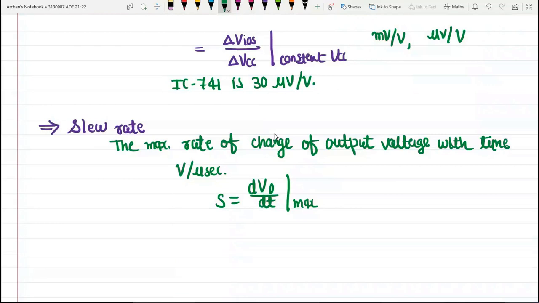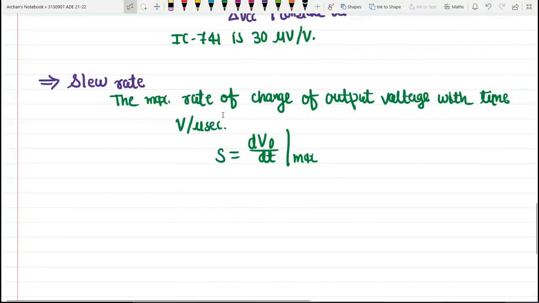This slew rate is caused by the limited charging rate of the compensating capacitor and the current limiting and saturation of the internal stages of the operational amplifier, when a very high frequency, large amplitude signal is applied. The internal capacitor voltage cannot change instantaneously.